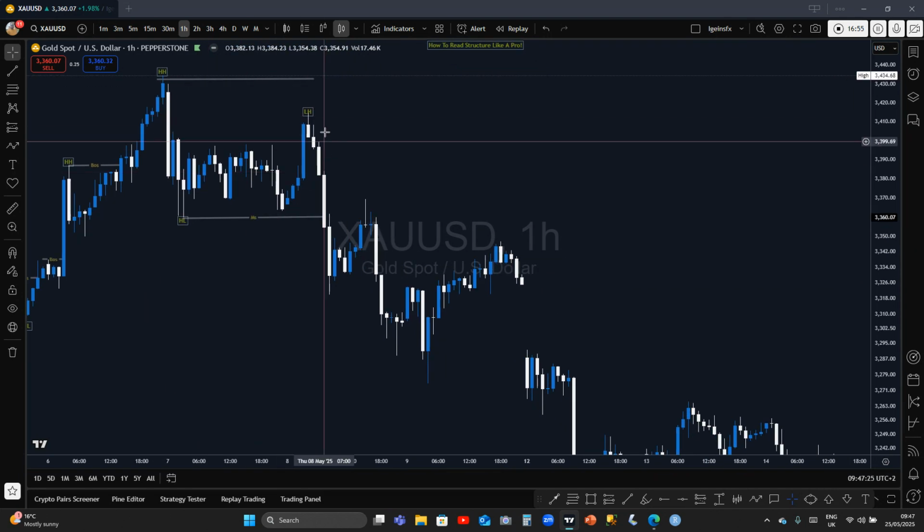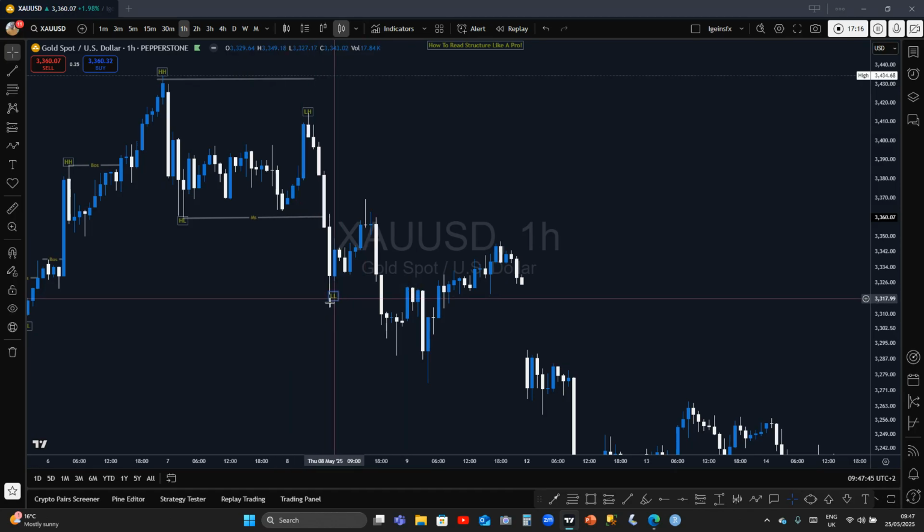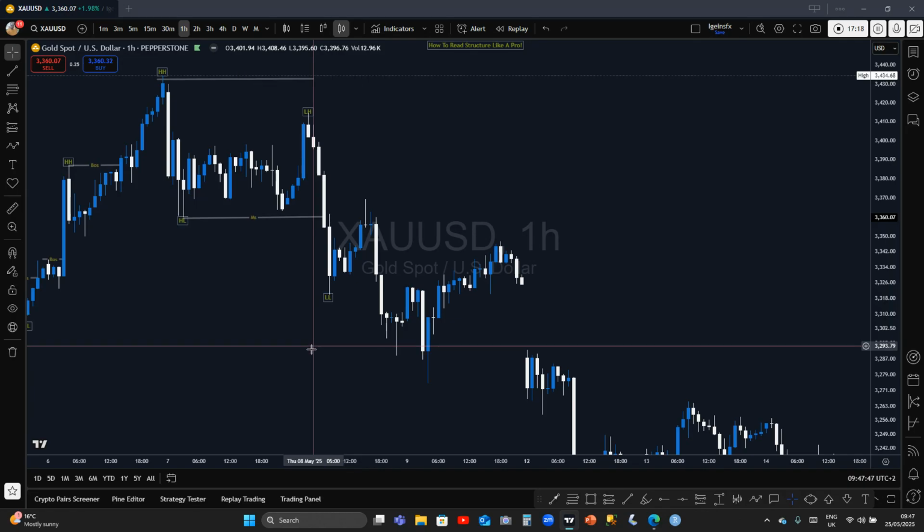After the creation of this resistance, price now pulled back. He violated this support by creating another lower low. You see, he now created another lower low.